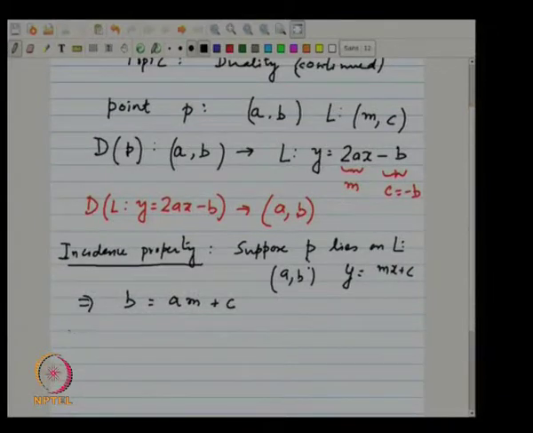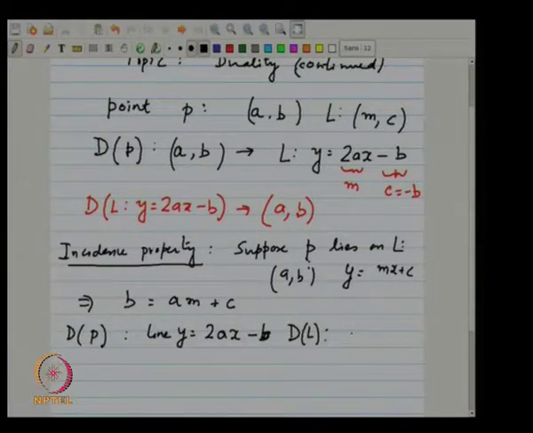Now, what is the dual of the point? That is the line given by y equal to 2ax minus b, and D of L is given by (m by 2, minus c). Is that right?